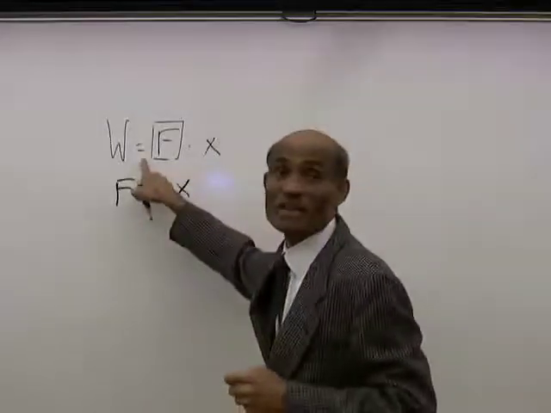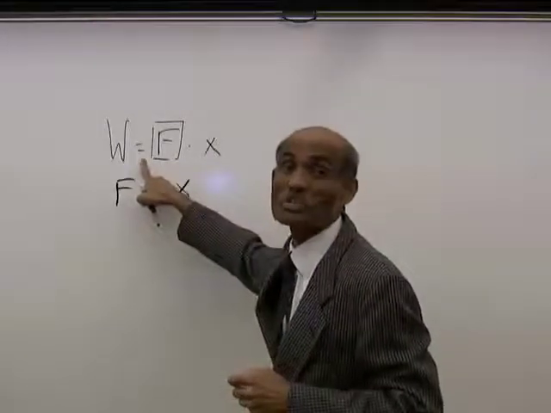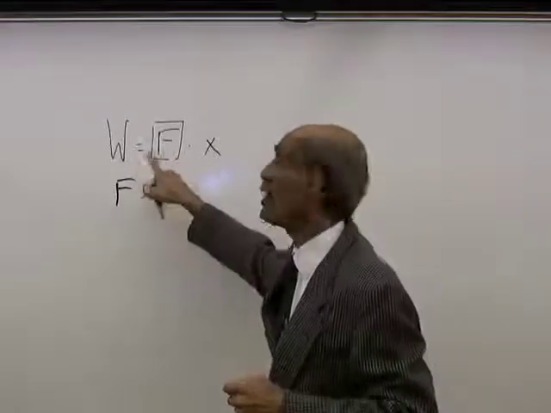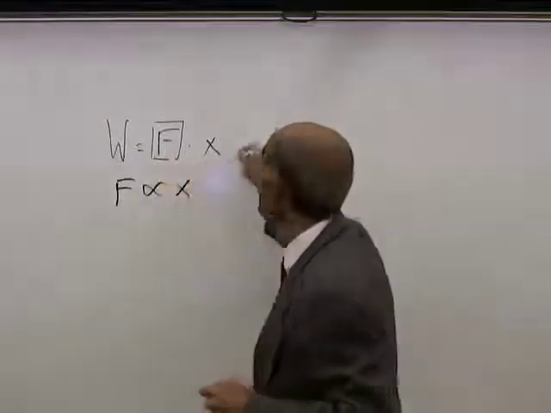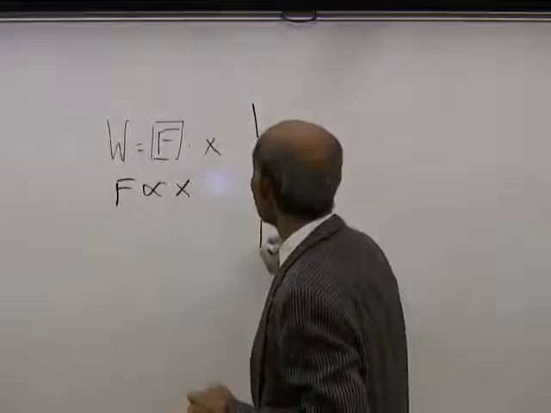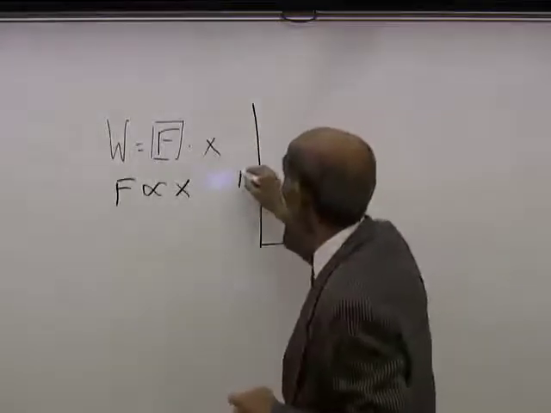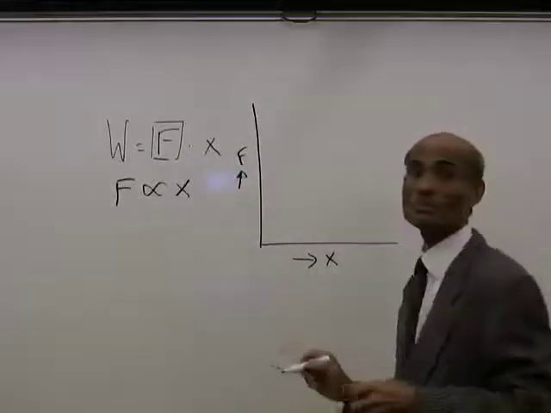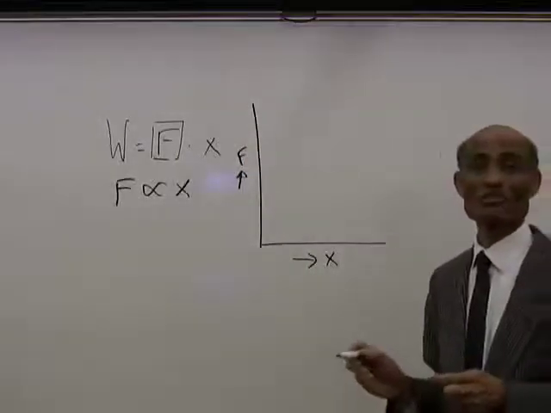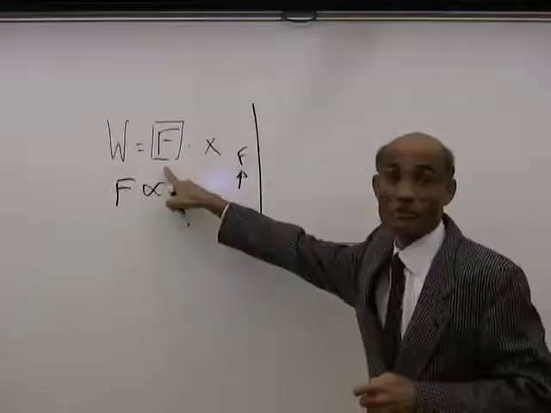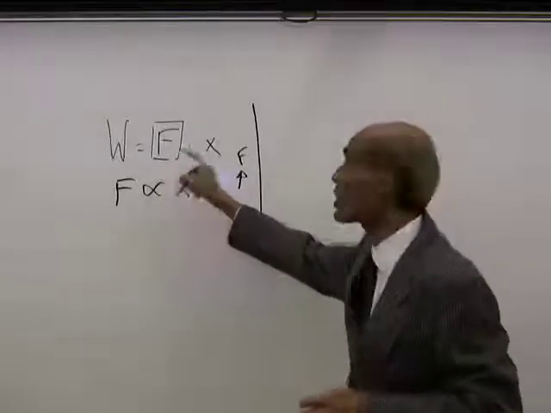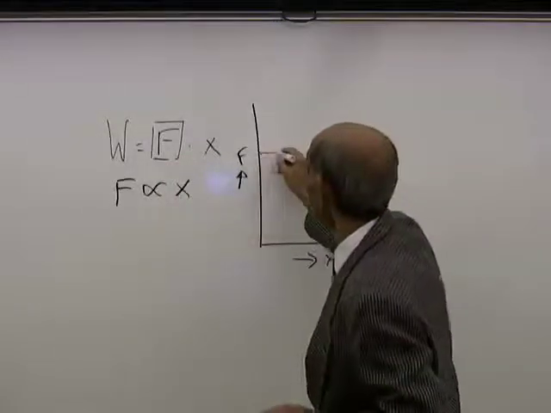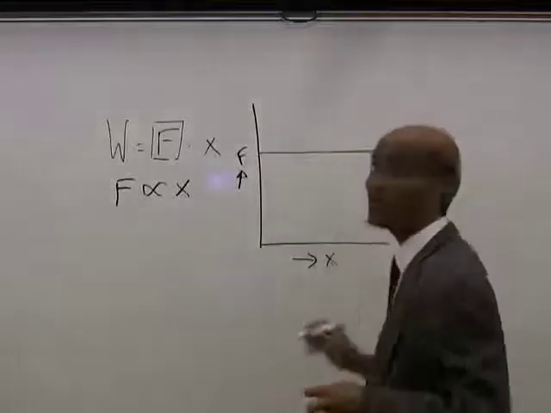Now, in the first case, what will be the shape of a graph of force against displacement? If I draw a graph of force on the vertical axis and displacement on the horizontal axis, when the force remains a constant, the force will be a horizontal line.